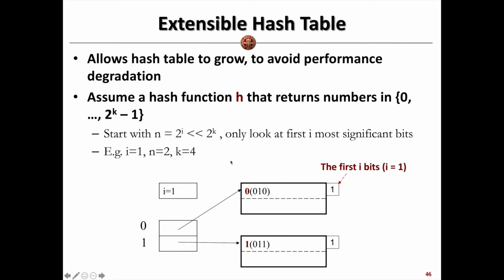In other words, with 1 digit, we define 2 different buckets. Here n equals 2 denotes the bucket number. This I denotes how many digits we use to define a hash function. Both the hash function and the buckets will grow as the system runs.